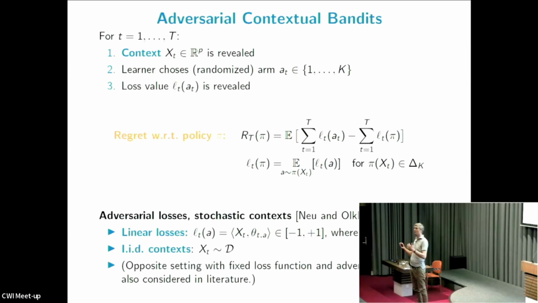So you can play around with these assumptions, but we're focusing on this specific setting where the contexts are IID and the losses are linear but adversarial. All right, so this is the contextual bandit problem whose formulation I find the easiest to understand. But I'm actually going to generalize from this to a slightly more abstract contextual bandit setting. So that's the next step.